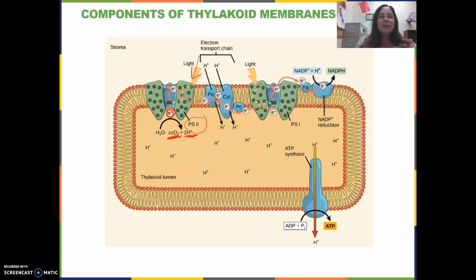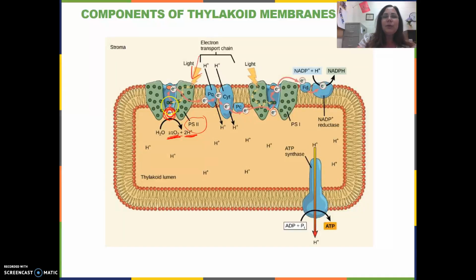And the hydrogen atoms in water don't just contain hydrogen ions, they also contain electrons. Hydrogen atoms contain electrons. We learned that back in chapter 7. So the electron that comes from the splitting of water is excited by the sunlight energy that was absorbed from the photosystem 2.